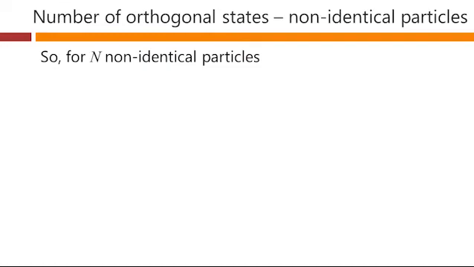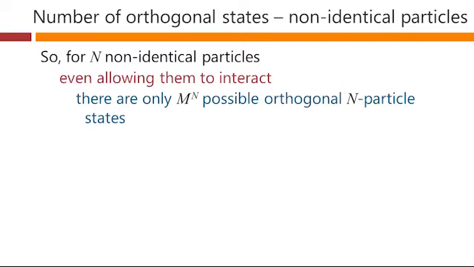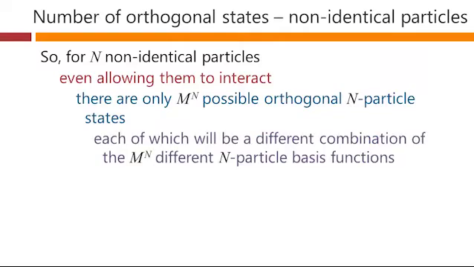So, to repeat, for n non-identical particles, even allowing them to interact, there are only m to the power n possible orthogonal n-particle states, each of which will be a different combination of the m to the power n different n-particle basis functions.